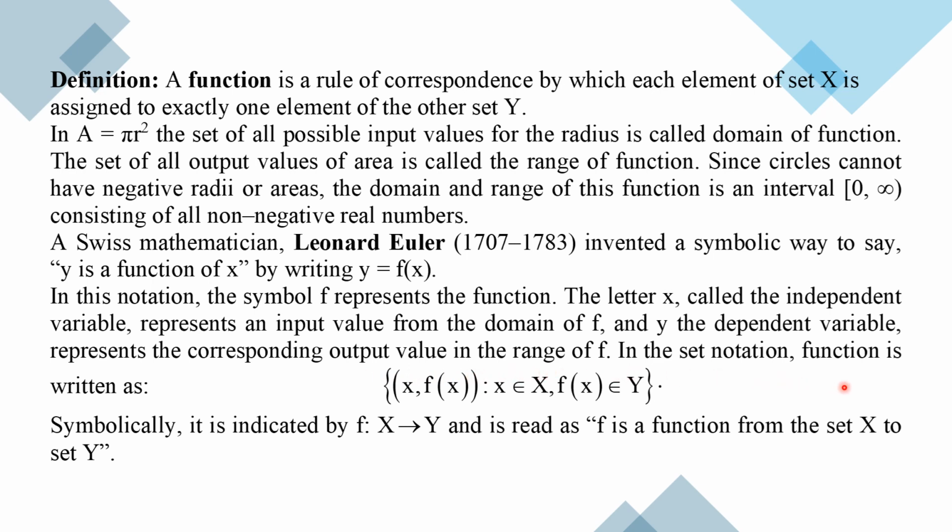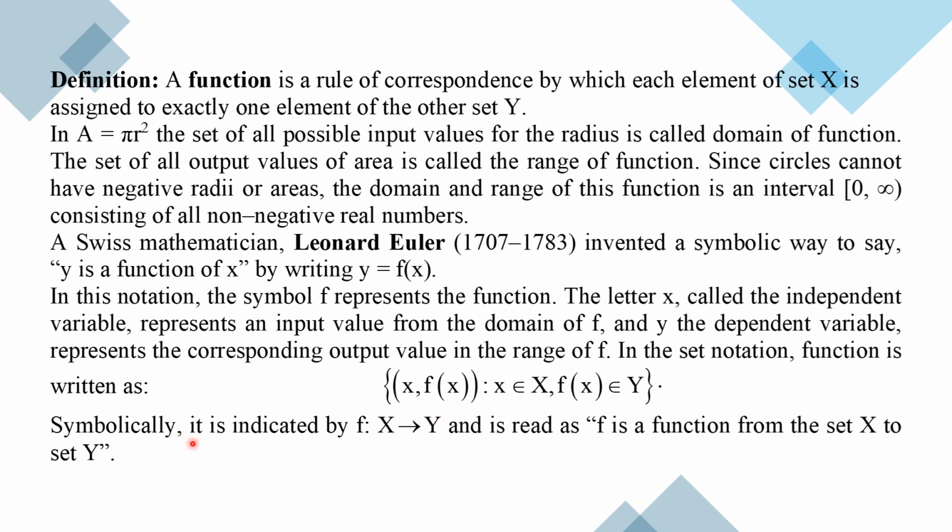In the said notation, a function is written as x belongs to X and f of x belongs to Y. So here y is equal to f of x, x is the independent variable, and y depends on that x. The x and y values form ordered pairs, and we represent the function by all these ordered pairs.